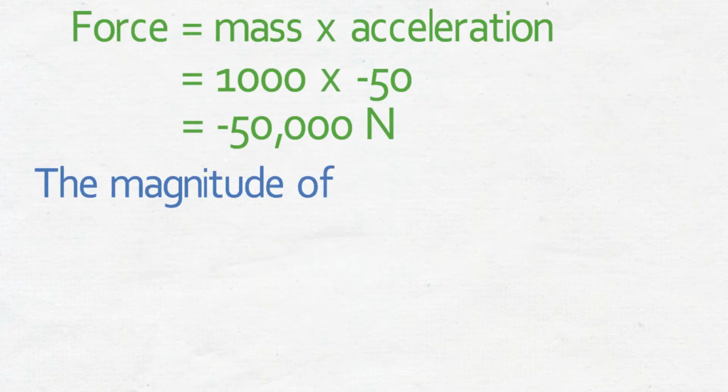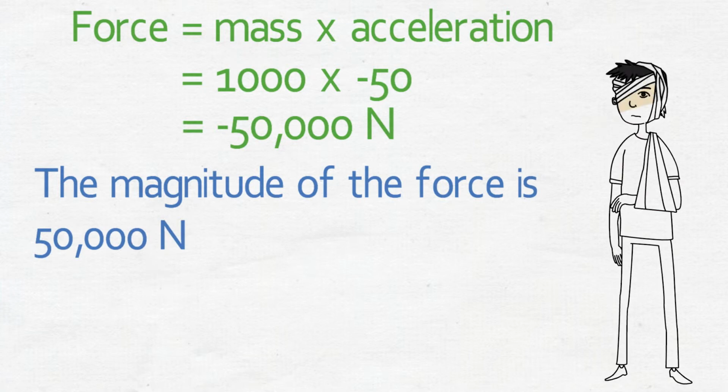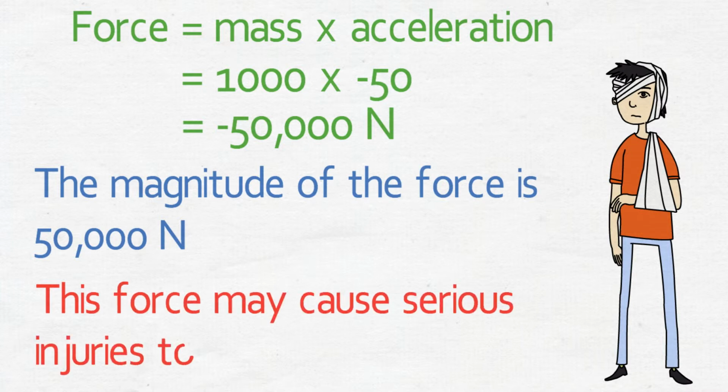The magnitude of this force is 50,000 newtons. We just take the positive, and this is a very large force. This force may cause serious injuries to the occupants of the car, and it may even result in the individuals dying.